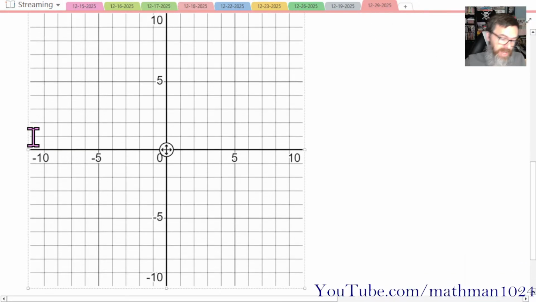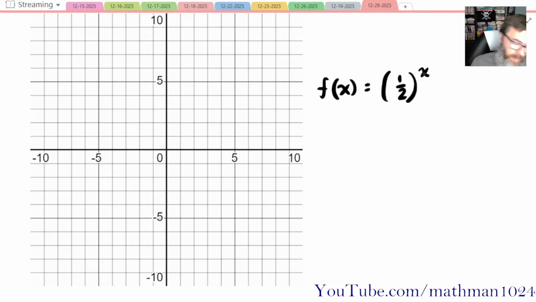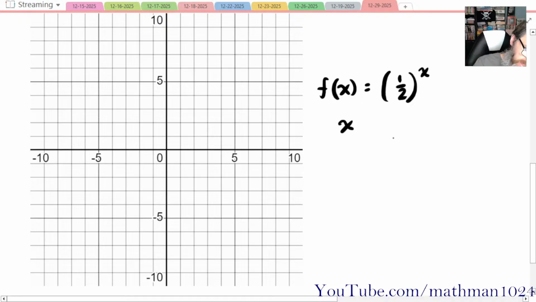But I want you to see another example here. Let's change the base a little bit. So if I say f of x is equal to 1/2 to the x power, right? So just like all the stuff that we've seen, we can come up with a t-table of values.